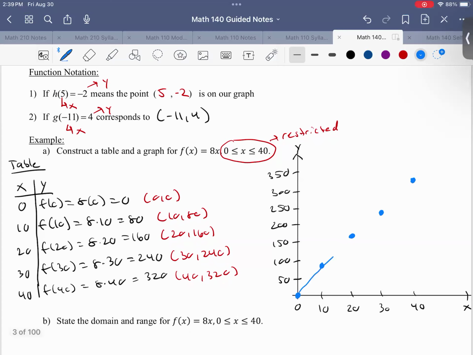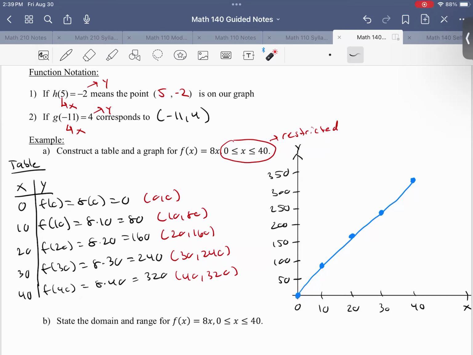Okay, so here's our graph like such. Keep in mind that it would not be going on forever because we are restricted between 0 and 40. So we can't go to 41, 42, 100. It has to stop at 40 and has to stop at 0.